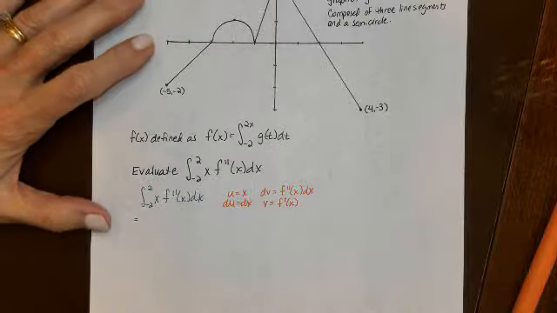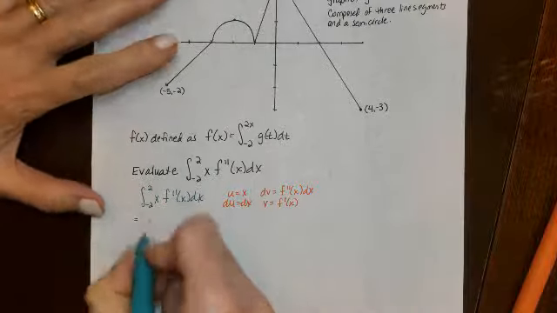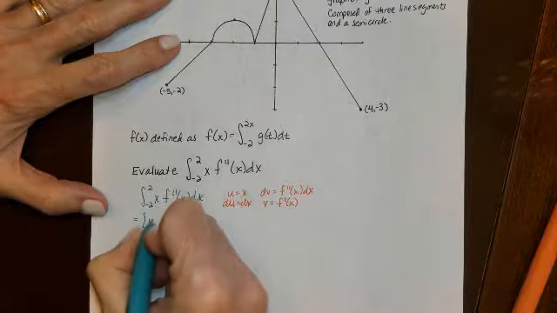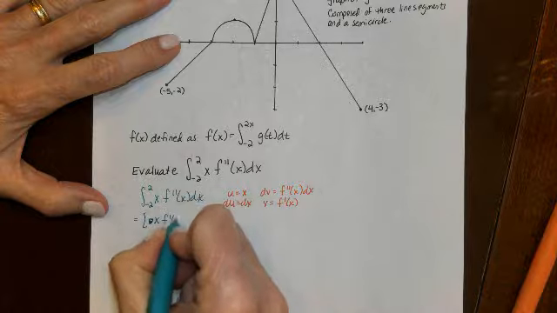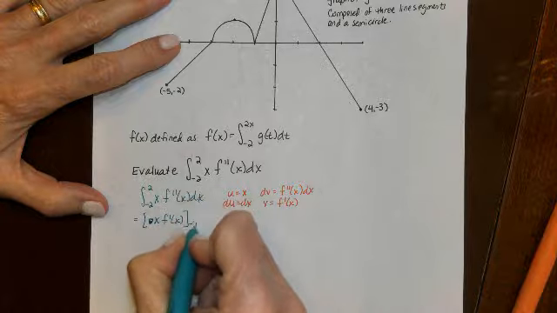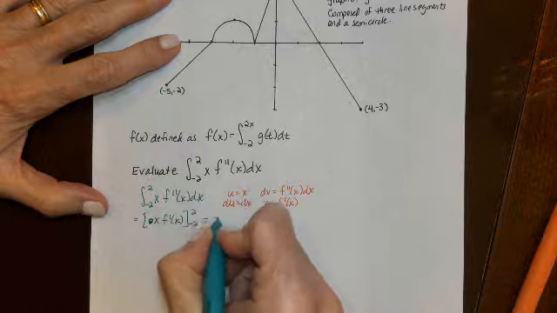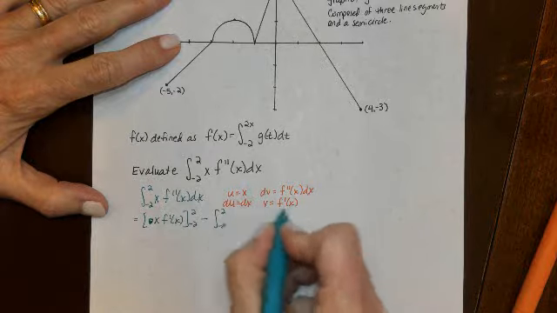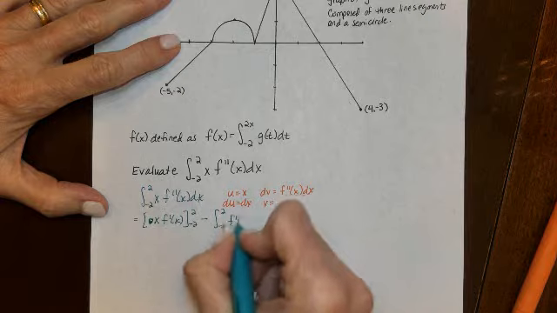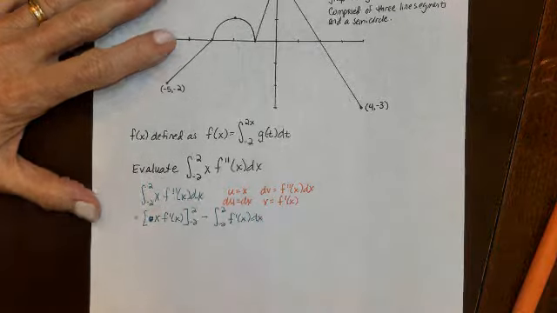So my integral will be uv, oops, I almost put u, x, f prime of x, from -2 to 2, minus the integral from -2 to 2 of v du. Just like that.